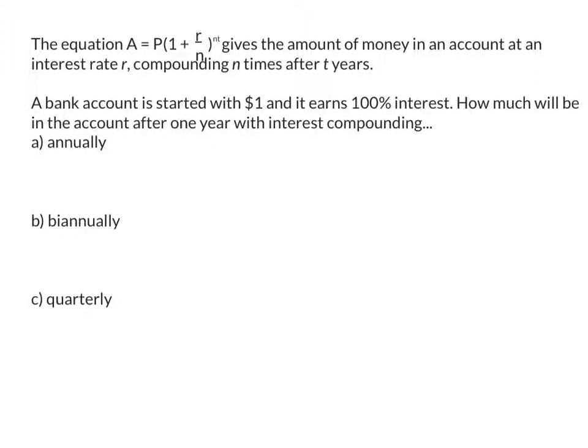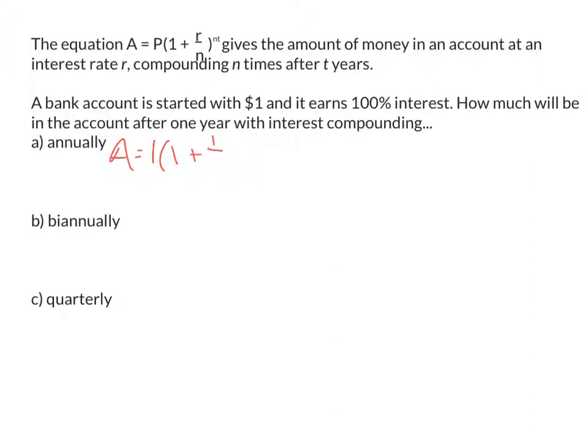years. So if we have a bank account with $1 in it and it earns 100% interest, how much will be in the account after 1 year if we compound our interest? Let's start by compounding it annually. So let's fill in the information here. Our overall value will be, we started with $1 as our principal, times 1 plus, the rate is 100%, which as a decimal turns into 1.